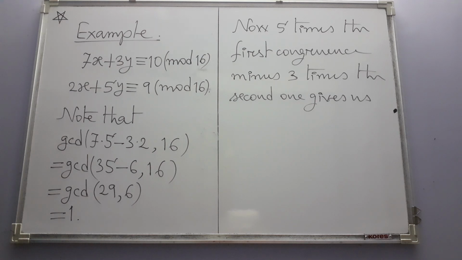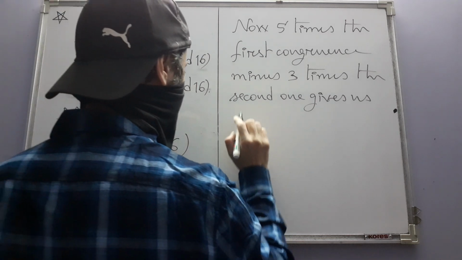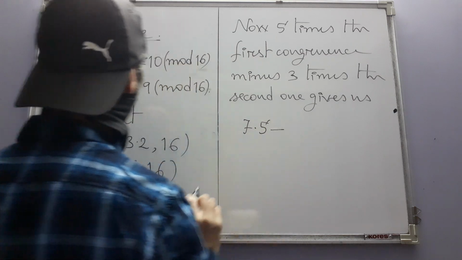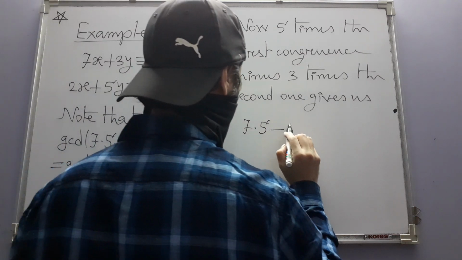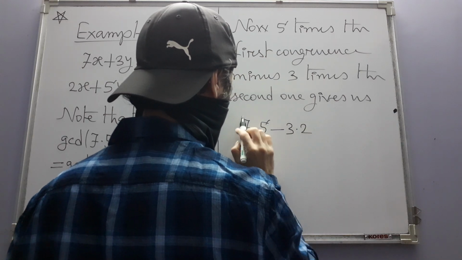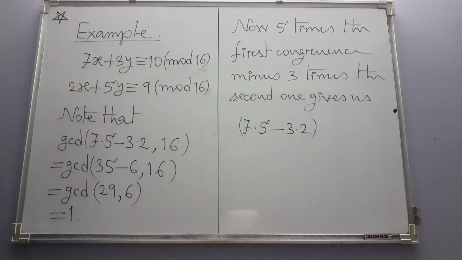Y won't be there anymore. It will give us 7 times 5 minus 3 times 2. Oh, so actually we will get that same thing. We have got this in the proof also.